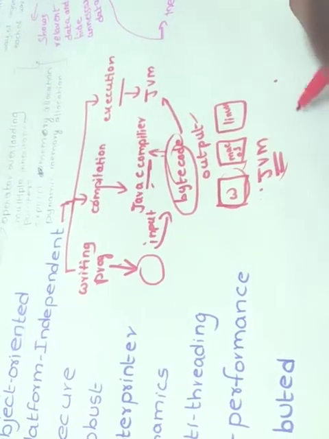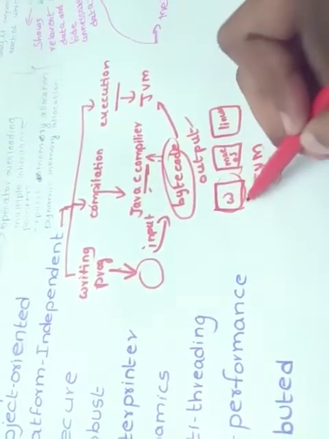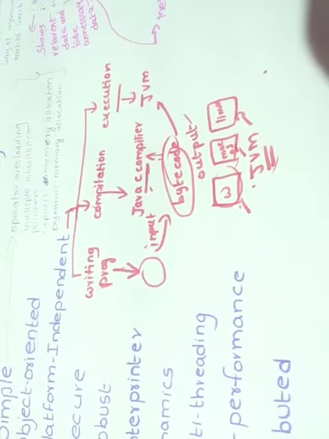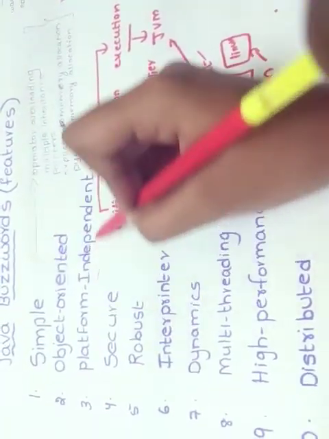That's why we call Java a platform independent language. On any platform we get the same output, the same results.